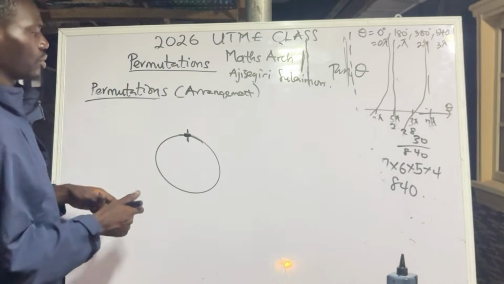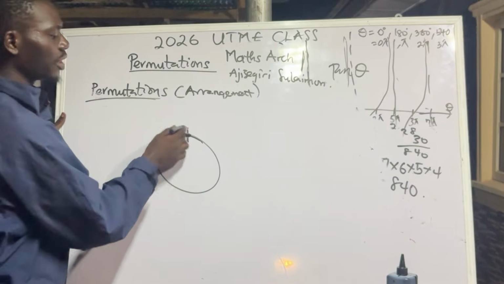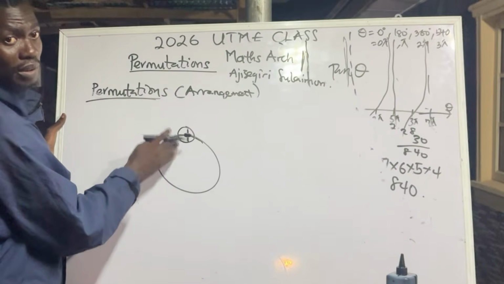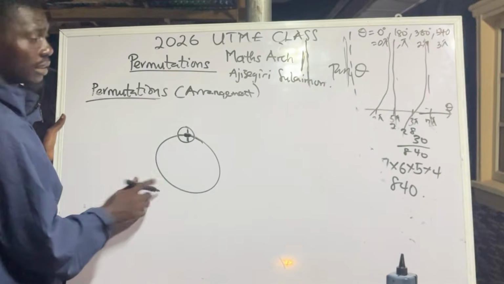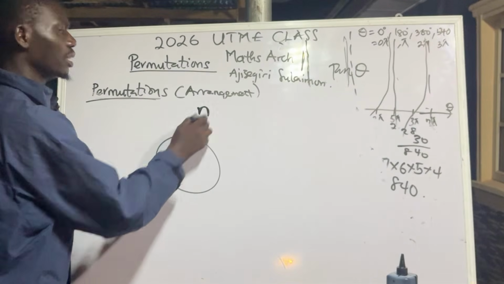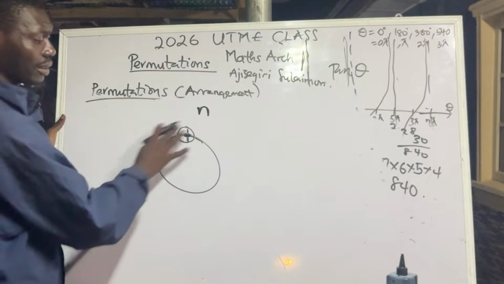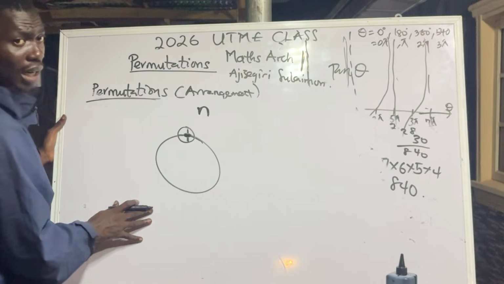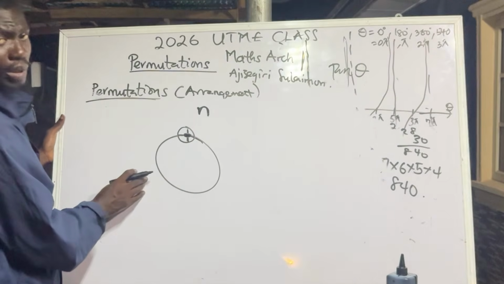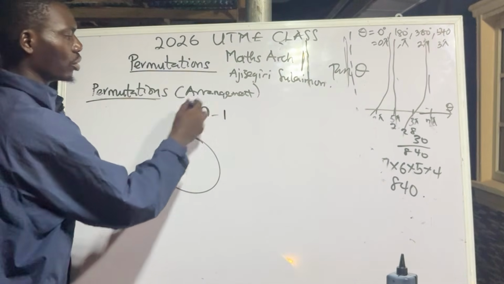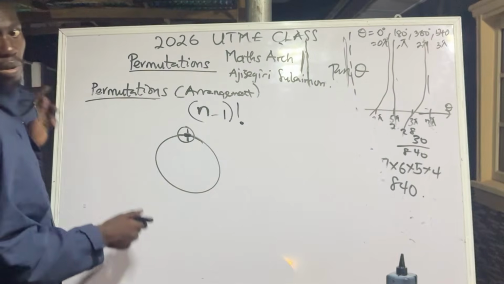So we say this person's position is fixed. We are not arranging that person; it is the others that we are arranging. So if we need to arrange n people around a circular object, definitely not all n people are being arranged. One of them will not be arranged. Then how many people remain for us to arrange? N minus 1 factorial.